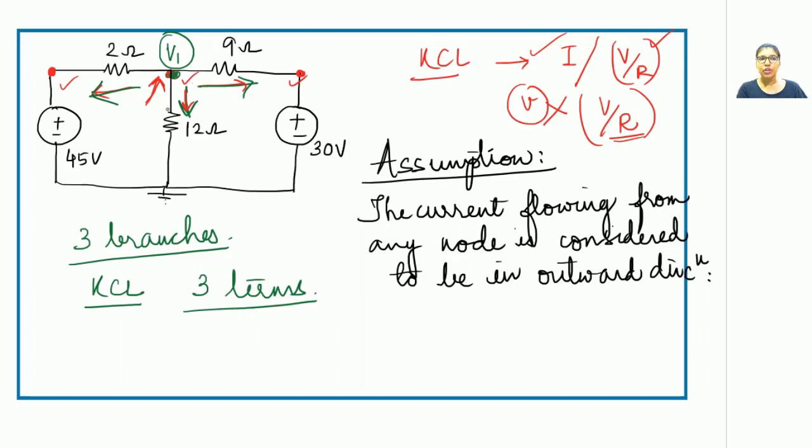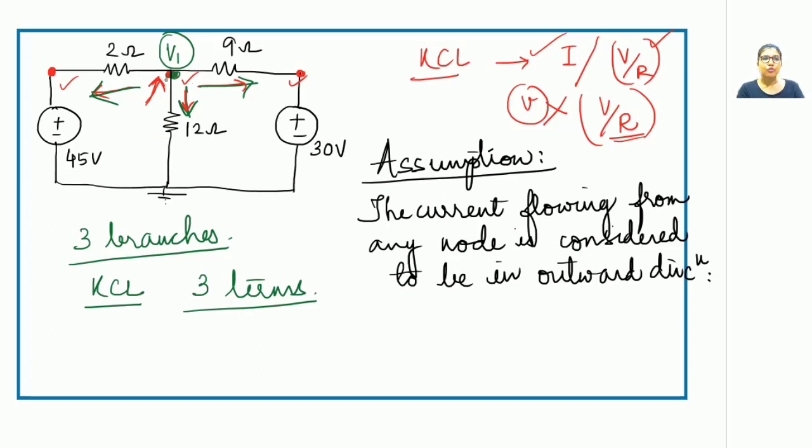If the number of branches connected is 3, then you should get 3 terms in your KCL equation. In case you are not able to write the KCL term for any particular branch, that means the KCL equation cannot be written for that particular node. So this is the underlying principle, the fundamental concept behind nodal analysis.